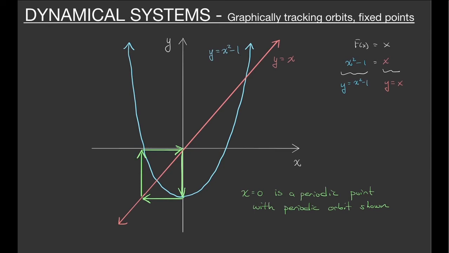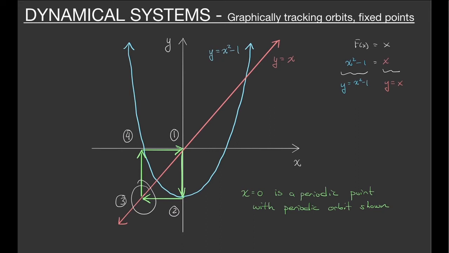And now the point of all this is that you alternate from the identity line. This would be the first place we start. You move up or down until you hit the function. Then you move back to the identity line, and then from the identity line back to the function. So you're oscillating between the identity line and the function itself. This is because we're doing iteration. We started with x equal to 0. We found that the value is negative 1, and in order to substitute that back in, we move back over to the identity line.